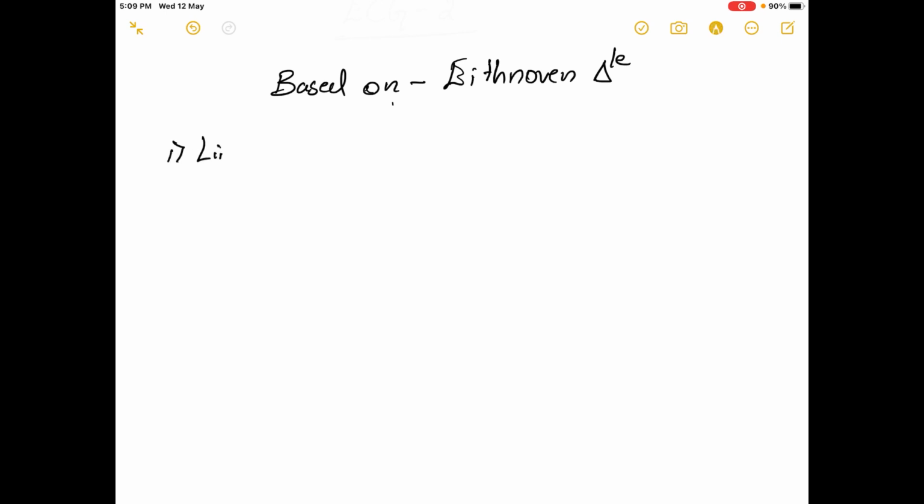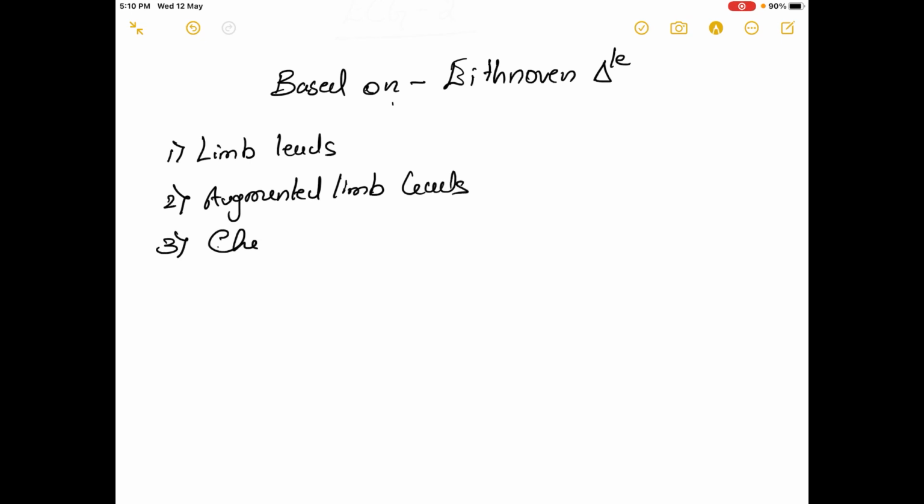The first one is limb leads, augmented limb leads, and the chest leads. So we'll start off with limb leads.